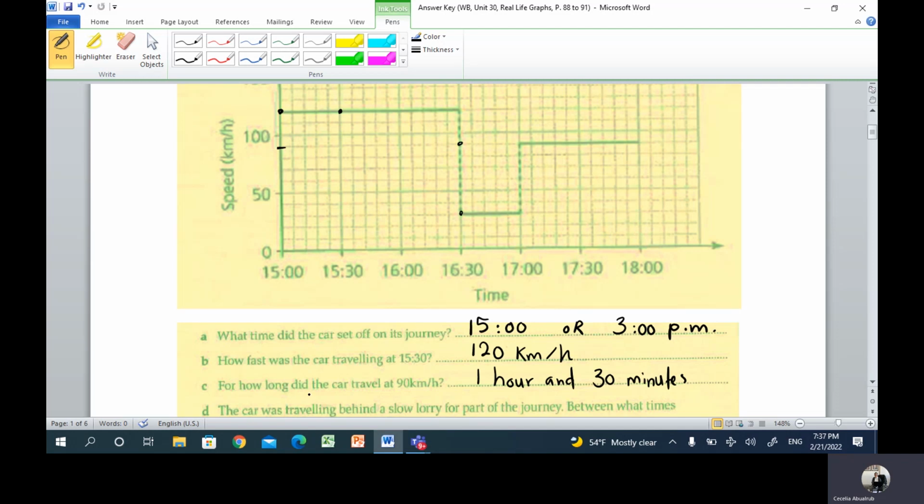So for how long did the car travel at 90 kilometers per hour? So this is the 90, and so the answer will be 1 hour. So this is the 90.